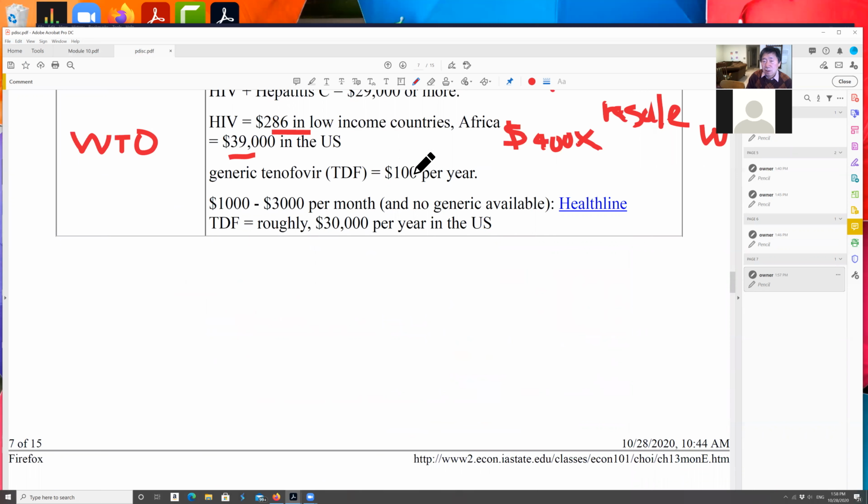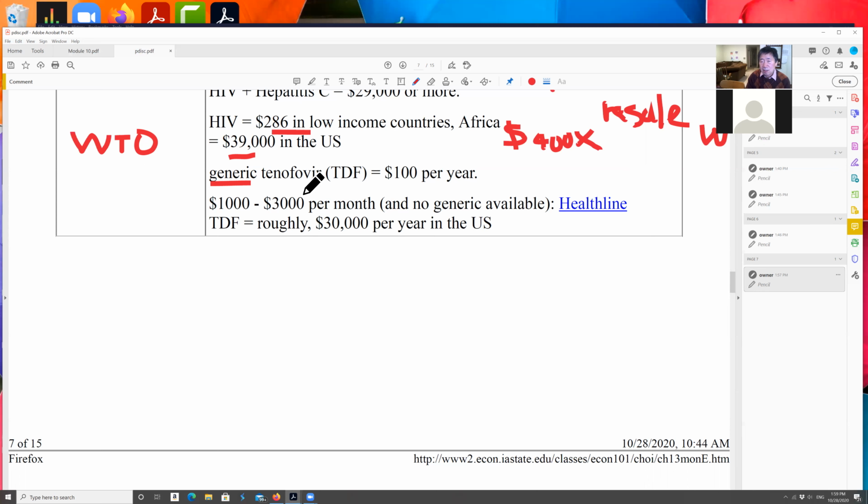passed a resolution. If these drug manufacturers in the US and Europe are not going to sell brand name drugs to these poor countries, in that case, developing countries can produce generic drugs and sell them to other poor countries, okay?